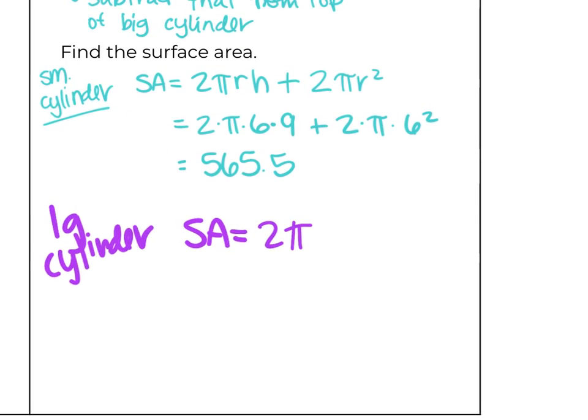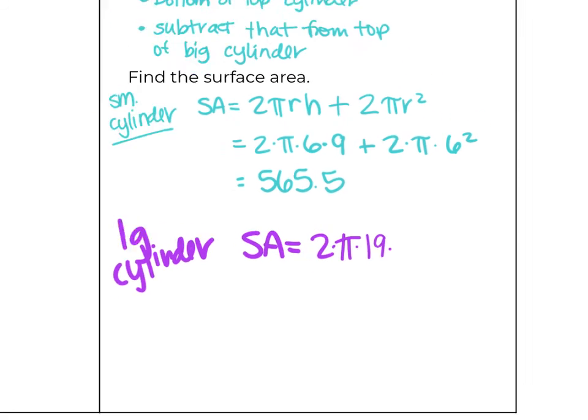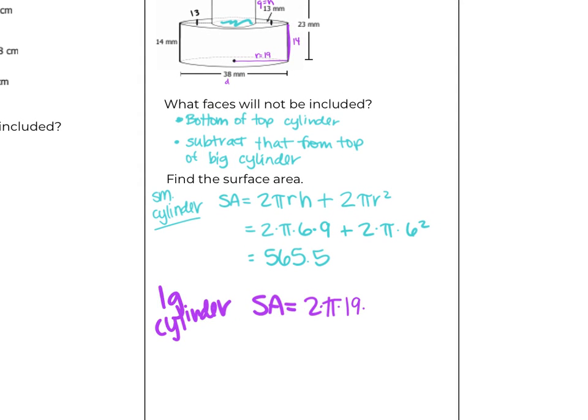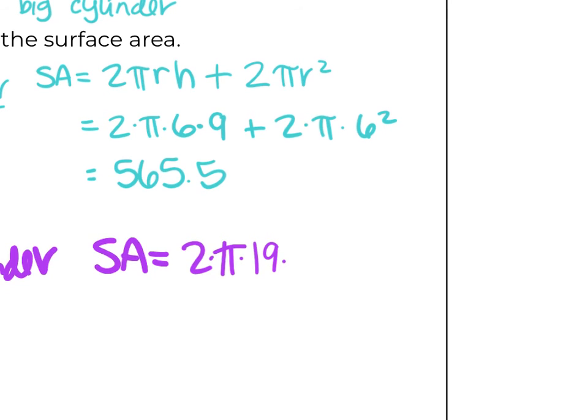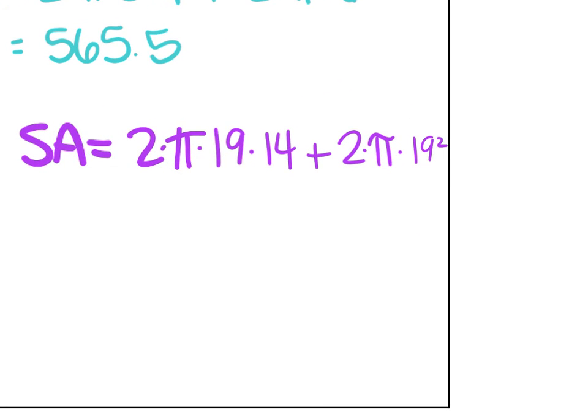Always make sure you're checking that you have that. So 2 times pi times 19. What's the height of the cylinder? The big cylinder. 14 plus 2 times pi times radius squared. So 19 squared. Okay, so type in that whole thing and see what you get.